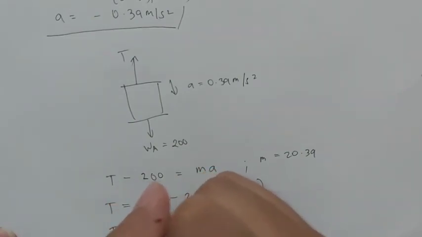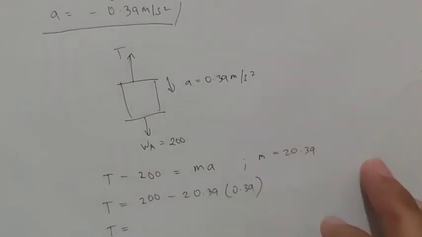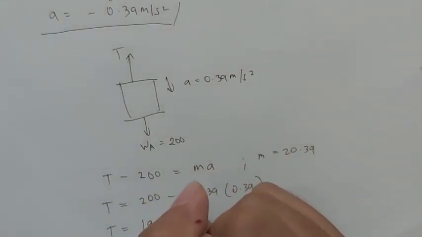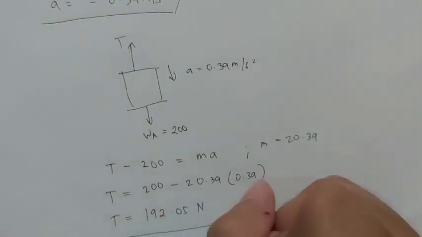So we have our tension is equal to 200 minus 20.39 times 0.39 is equal to 192.05 Newton. So we have our tension.